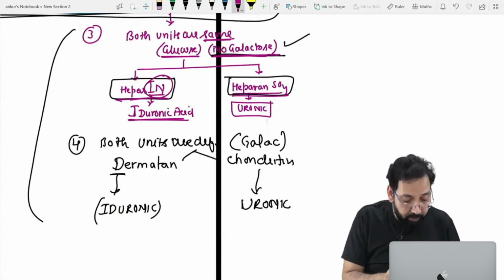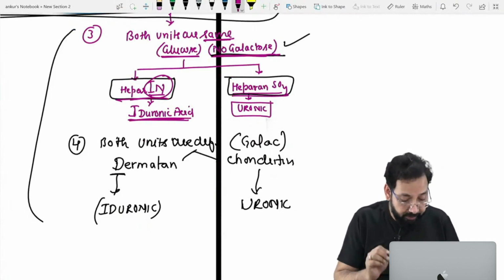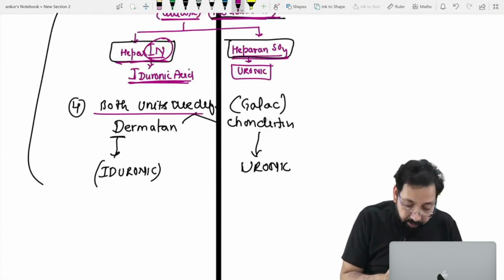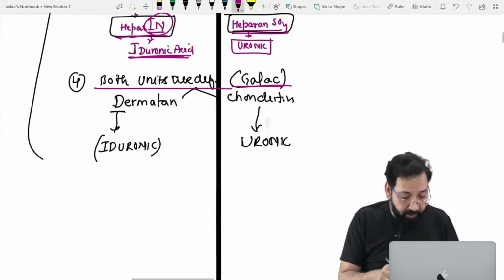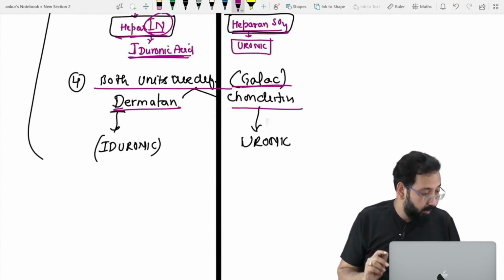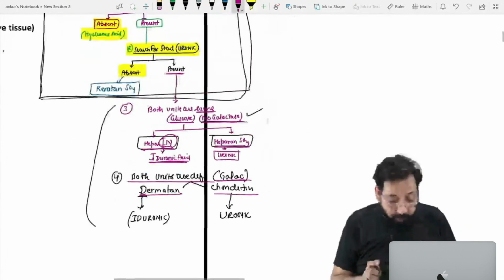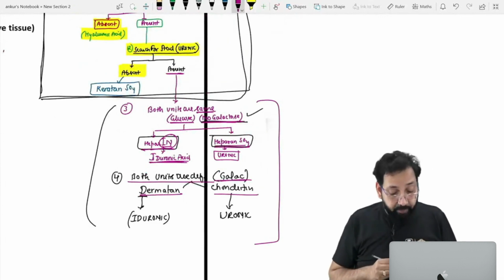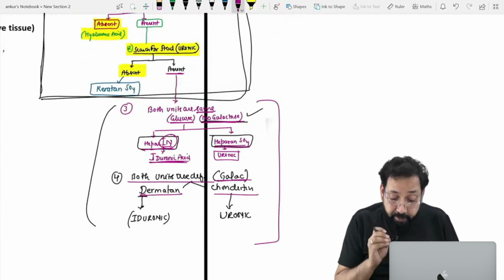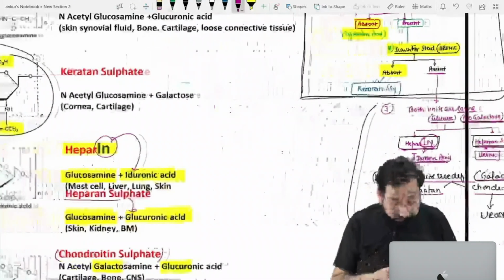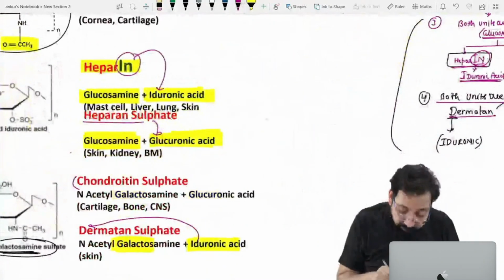In dermatan sulfate and chondroitin sulfate, both units are different, one unit is galactose. Clear?